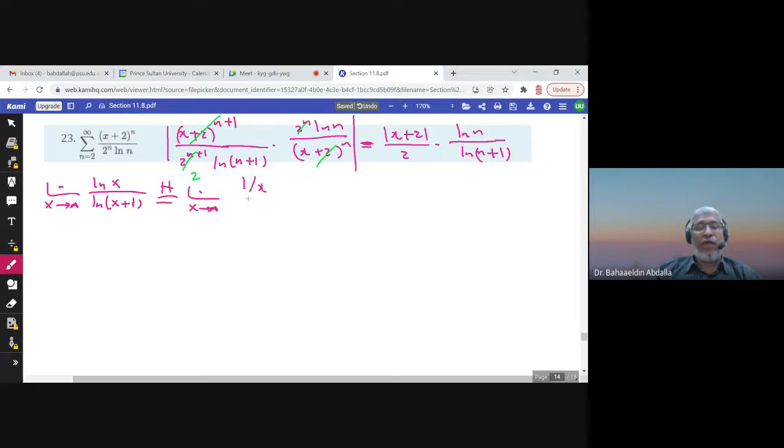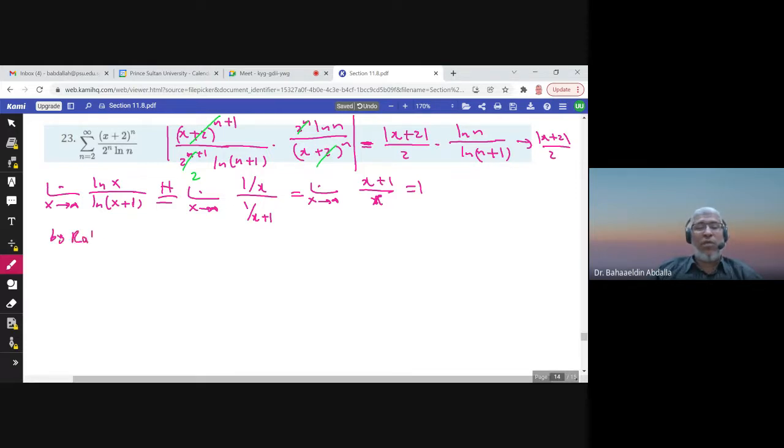The derivative of ln x is 1 over x, and the derivative of ln x plus 1 is 1 over x plus 1. So if you simplify this, you get x plus 1 over x. And now the limit, taking the highest power, is 1. So this will go to the absolute value of x plus 2 over 2.